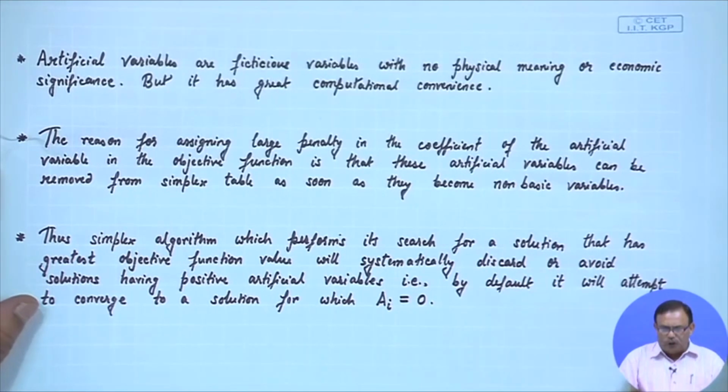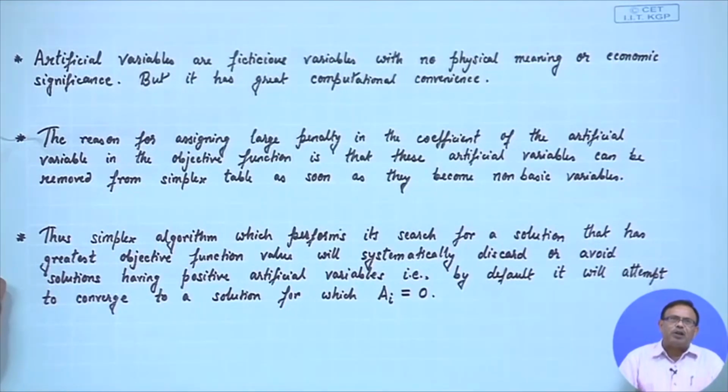So, basically we want these variables to go out of the simplex table. For that reason, we have attached a very high value, and effectively we are adding a very high penalty to this.